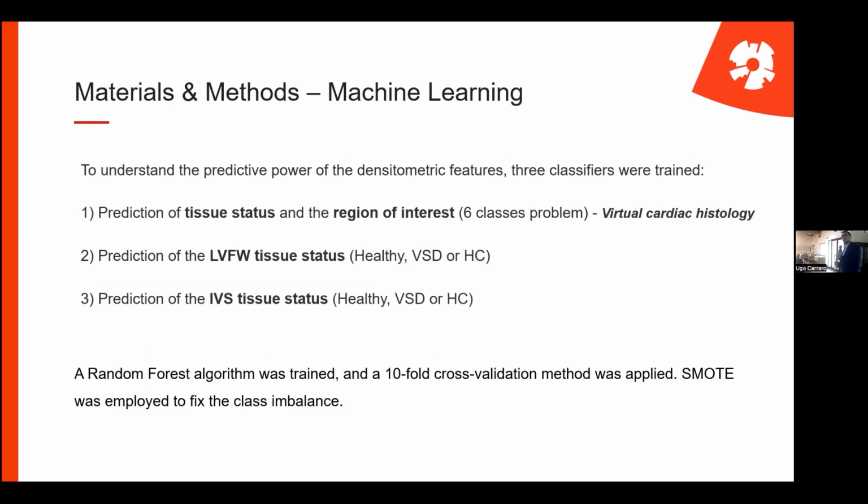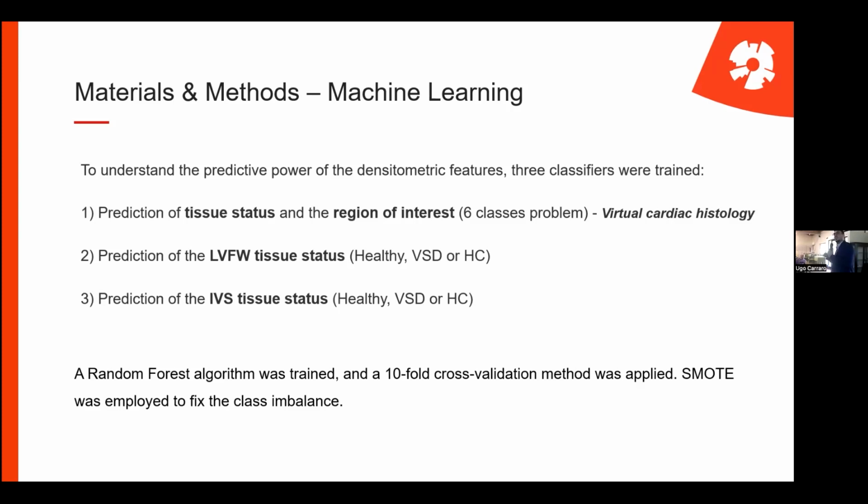After that, we used machine learning to understand if there's some kind of predictive power in our densitometric parameters. First of all, we tried to guess the tissue status and the region of interest of the sample, with these parameters given as input. It's called virtual cardiac histology.